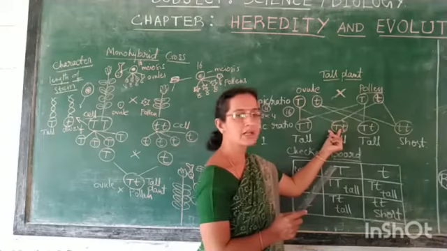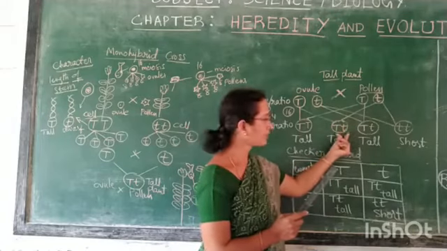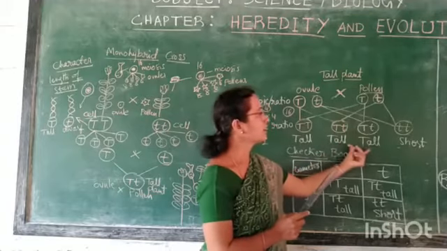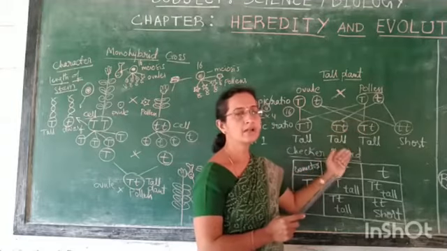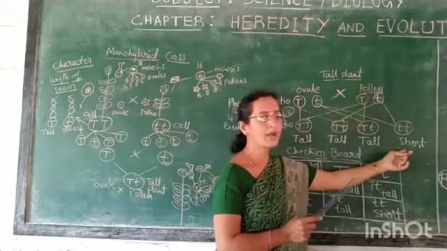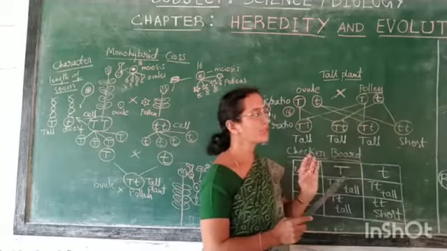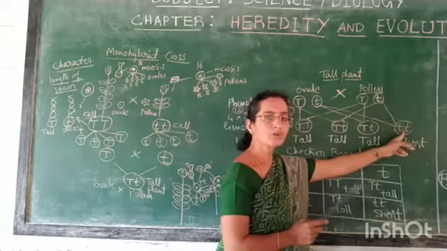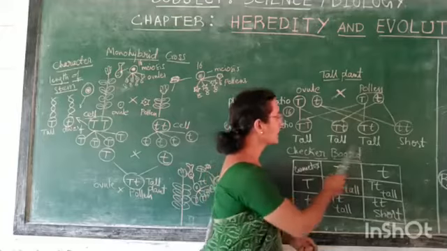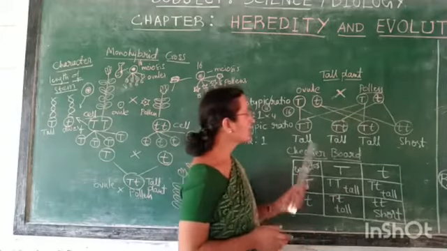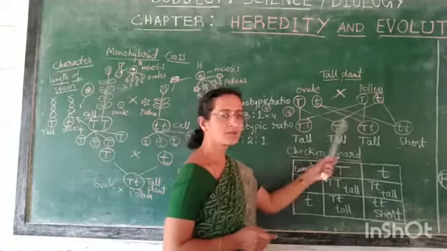The capital T denotes tallness and the small letter denotes the short character, so these two plants have a mixture of both factors. Whereas the fourth plant has two factors, both denoting the short character. Among those three tall plants, one is pure tall and the other two carry the short factor.